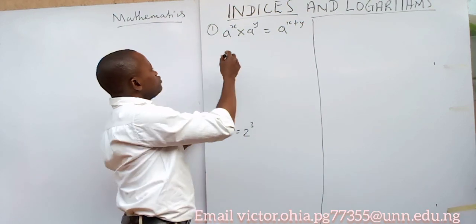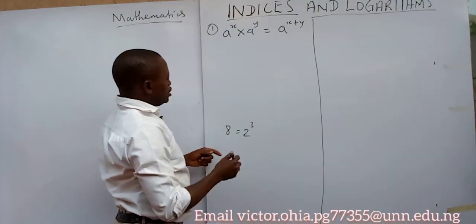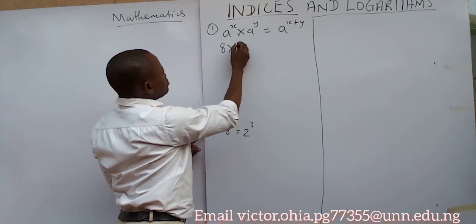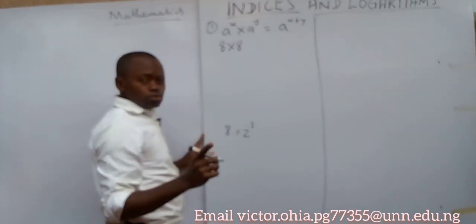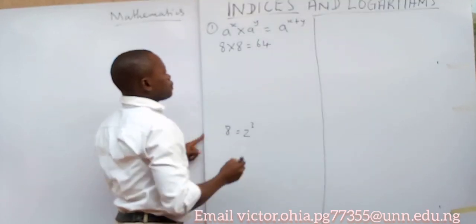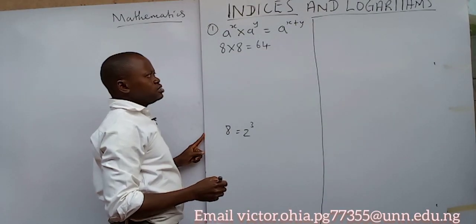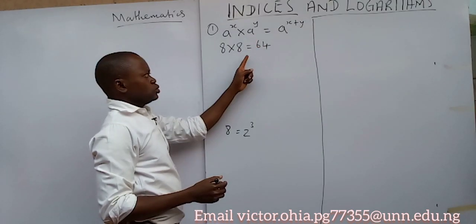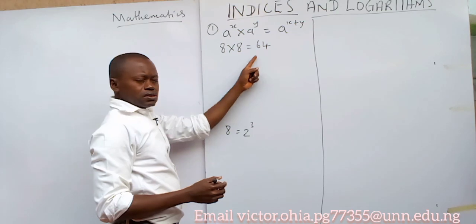All right. Now, take for instance, what if I have 8 times 8? You know that 8 times 8 is 64. Is there any way I can show you, passing through this, that this is consistent?